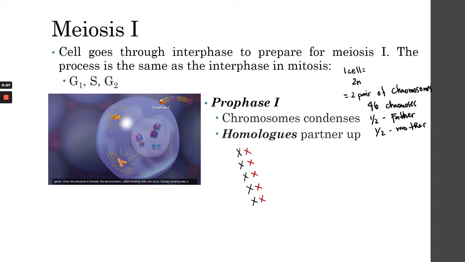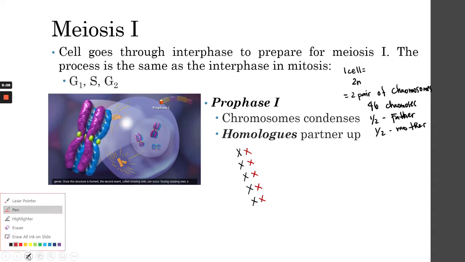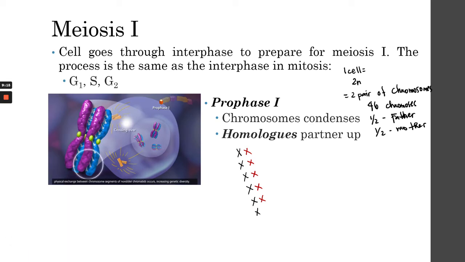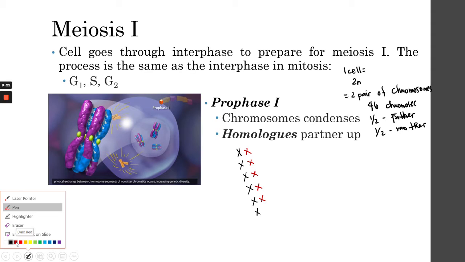And in men, we actually have one X and one Y, where the Y always comes from the father. So let's just erase this for now.